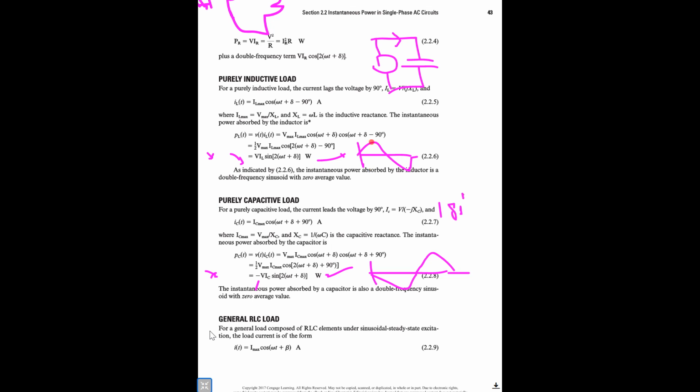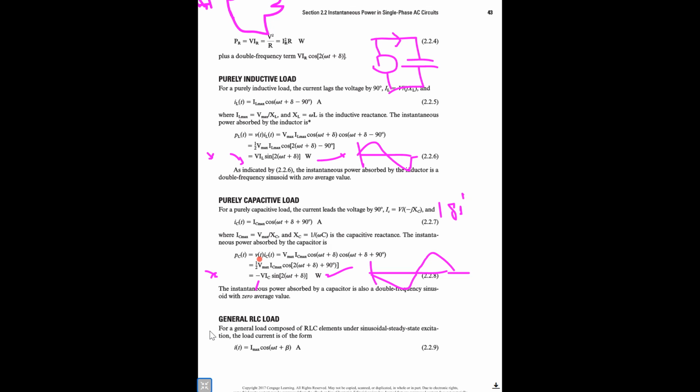If this here is the positive section, this here is the negative section, and the others: here is positive, here is negative. Okay, this means PL(t) and PC(t) have a difference angle equal to 180. Okay, no problem.